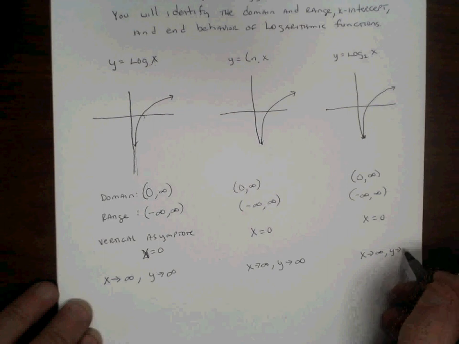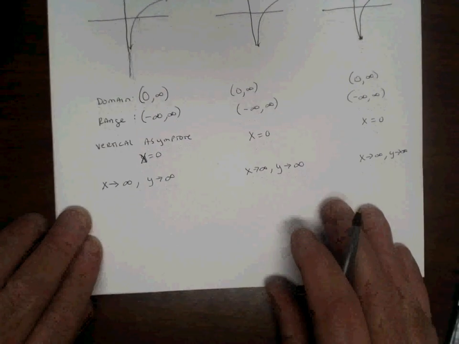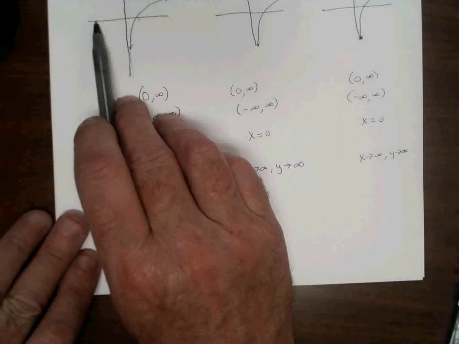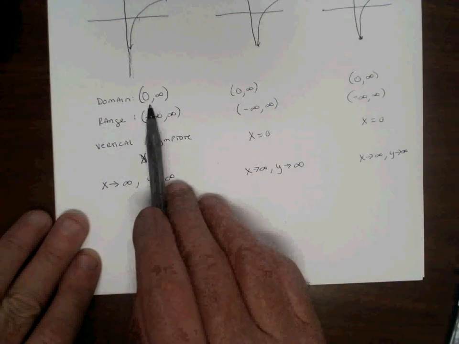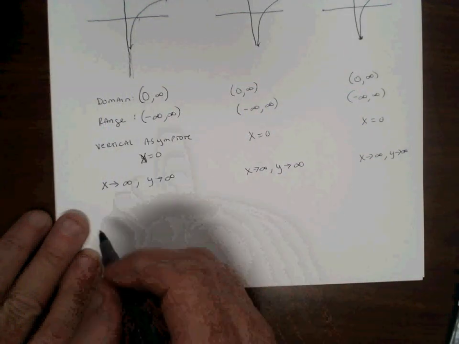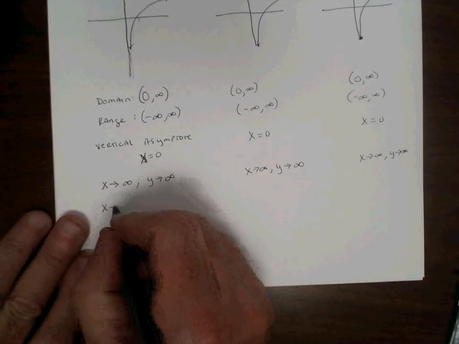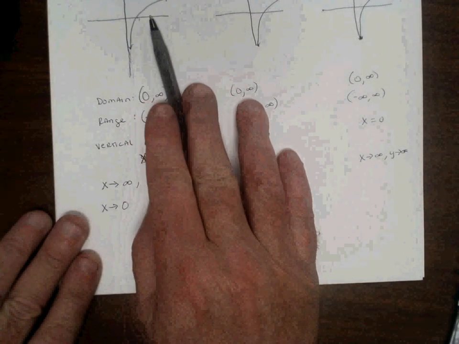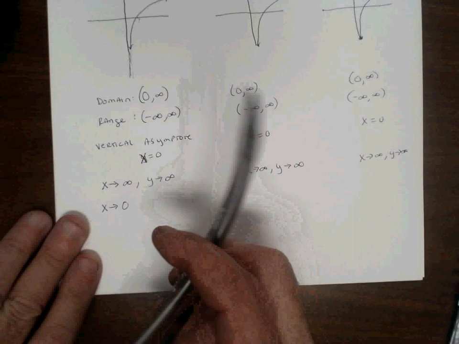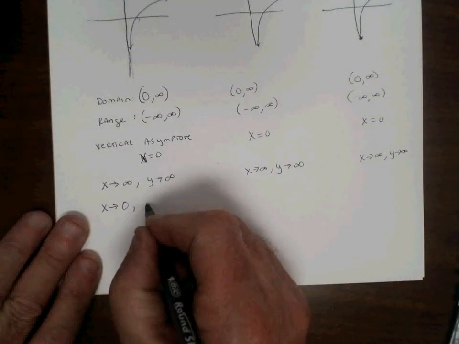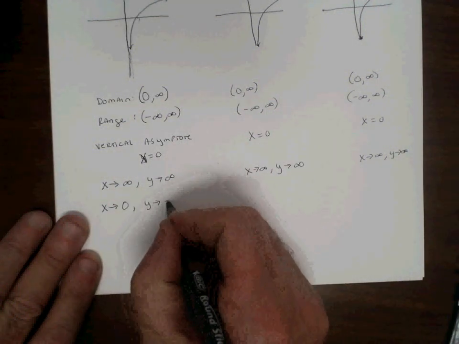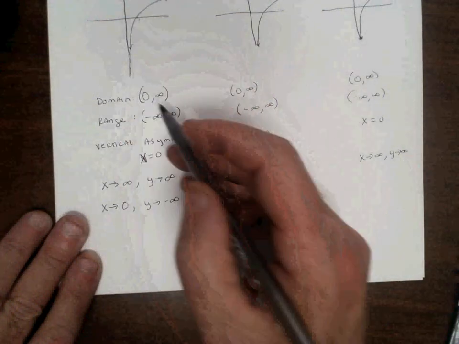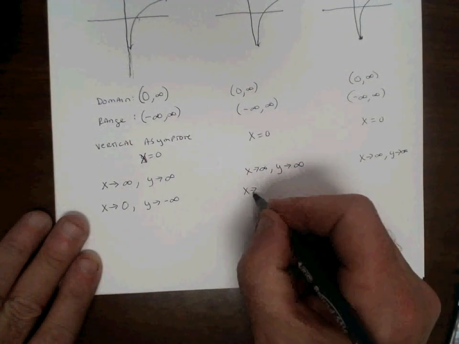But one thing that's different from what we did before with functions, we don't have x going to negative infinity because we said the domain stops as x gets close to 0. So here we're going to say, as x gets close to 0, now remember, it's only coming to 0 from one direction. As x gets close to 0, in this case, your y is going to negative infinity because the graph's going down forever.